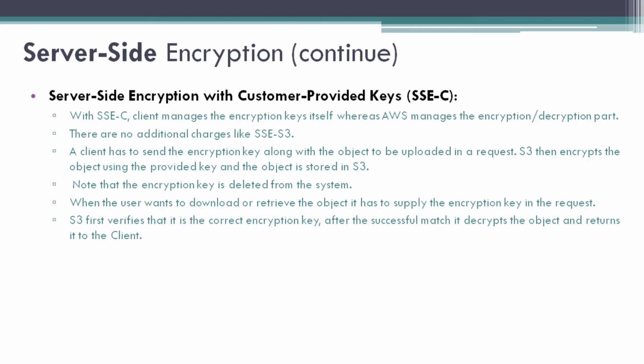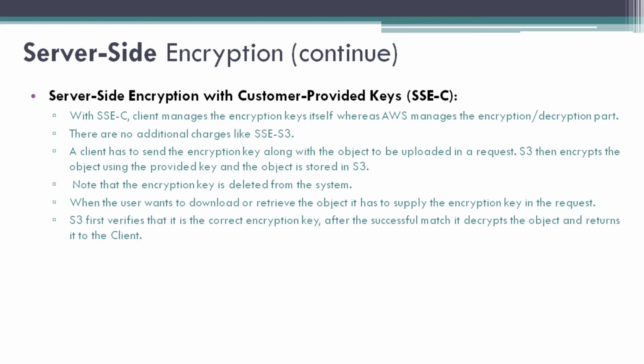A client has to send the encryption key along with the object to be uploaded in a request. So when you are uploading any object, you have to pass the encryption key along with your data. S3 then encrypts the object using the provided key, and the object is stored in S3.